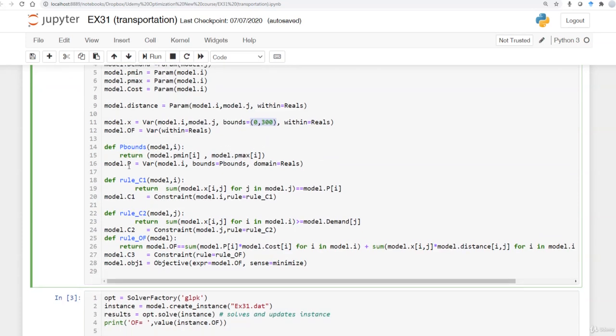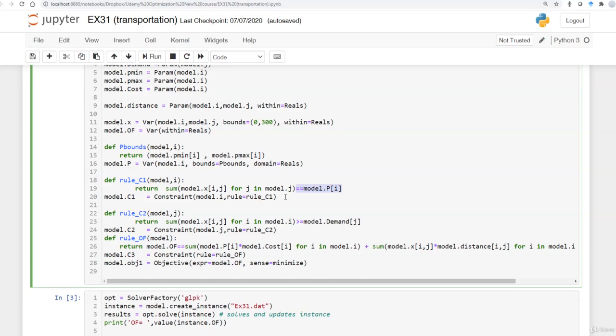You can say model.p is defined over I, is always within this bound. And also how much we are producing is calculated this way: summation over j of model.x[i,j] for j in model.J. Maybe we can improve it, but we will see.